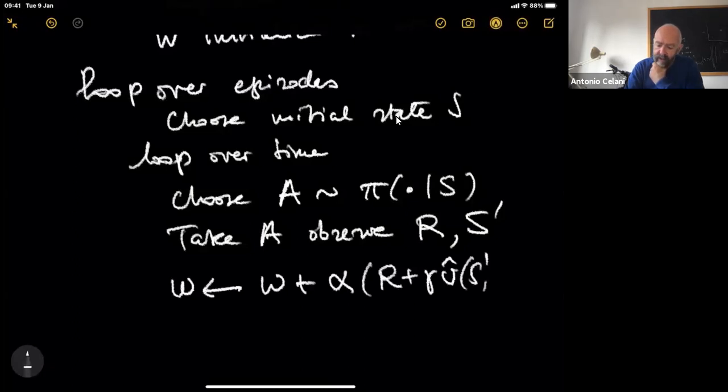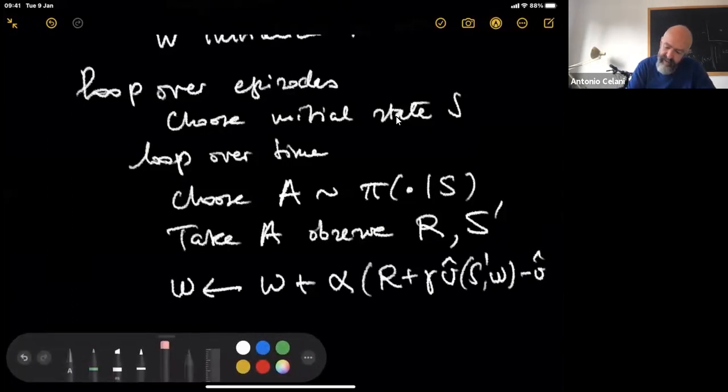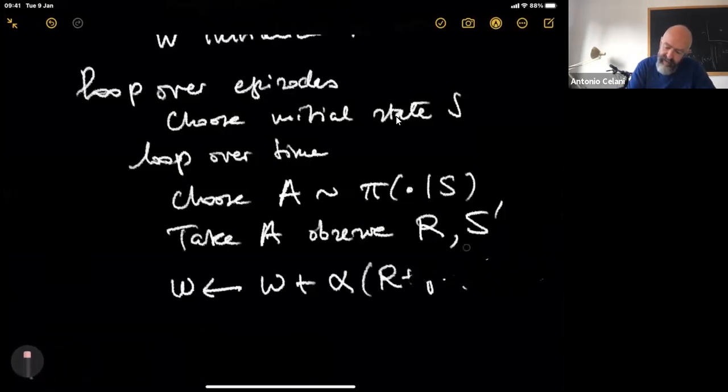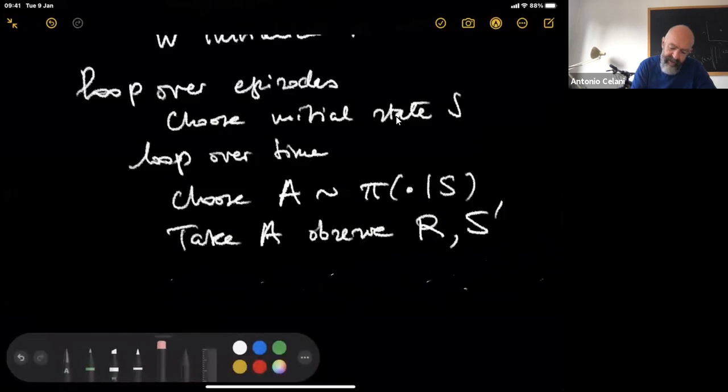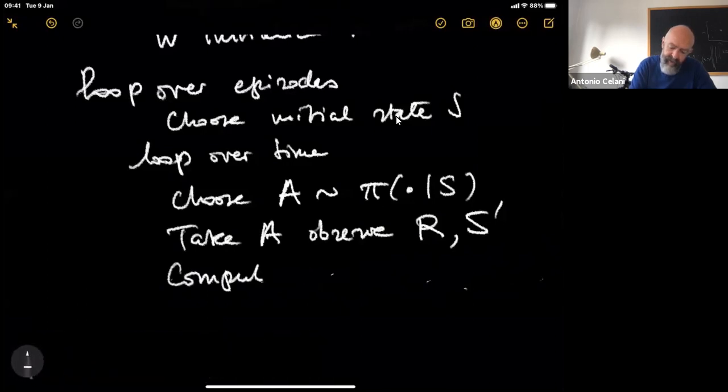Sorry, I have to rewrite this because it's going to be ugly. So let me split it into two parts. Compute the TD error.